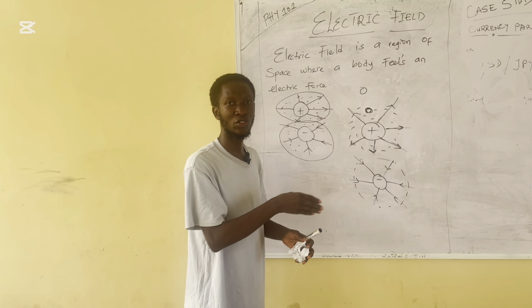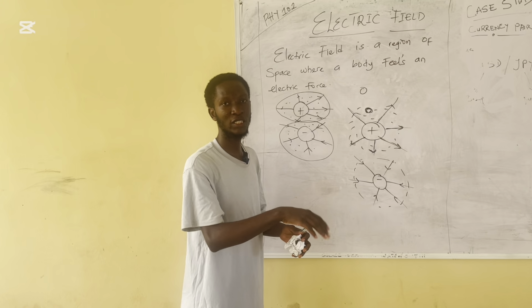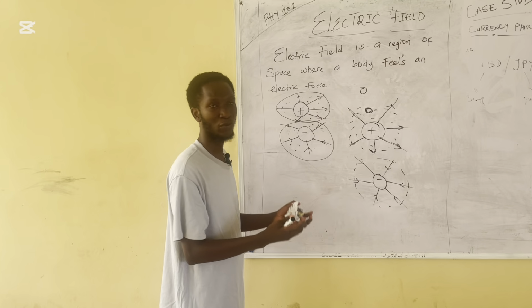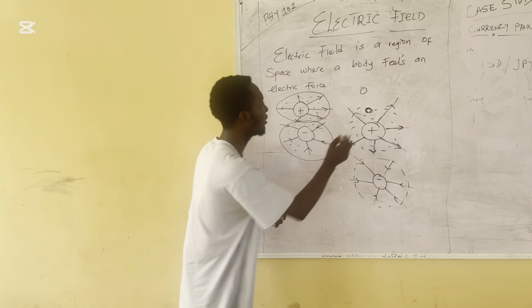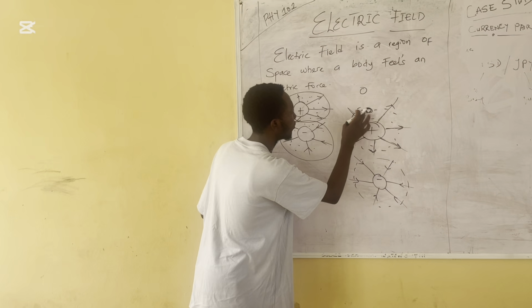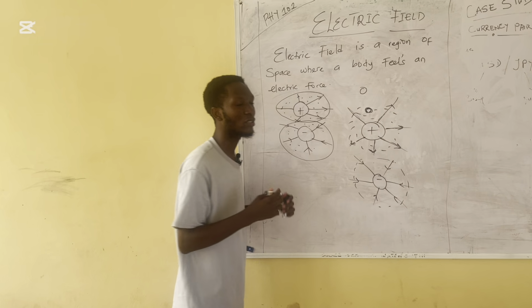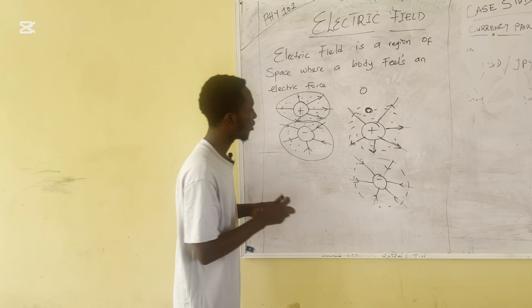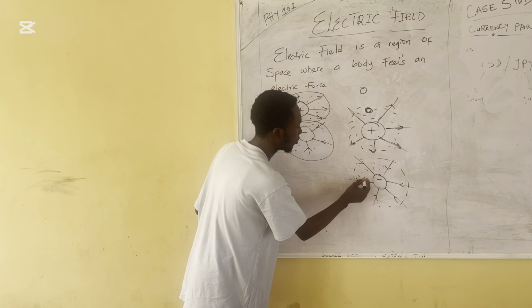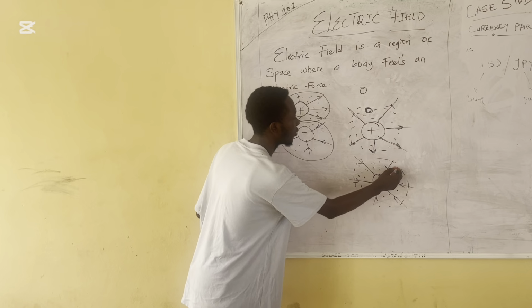That region of space where the body can feel an electric force is what we call electric field. But in this region of space, the body cannot feel electric force.